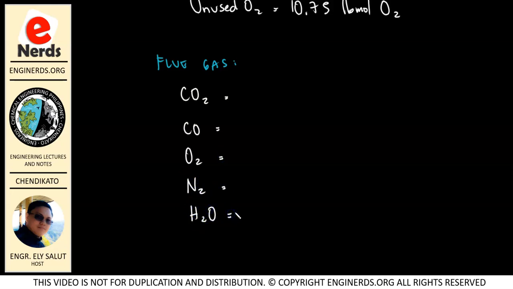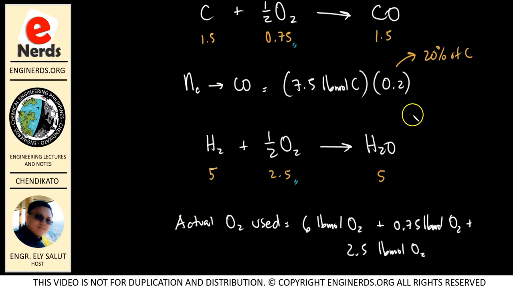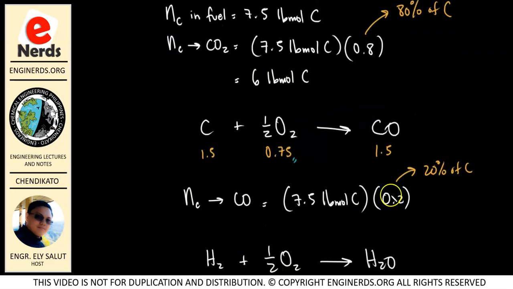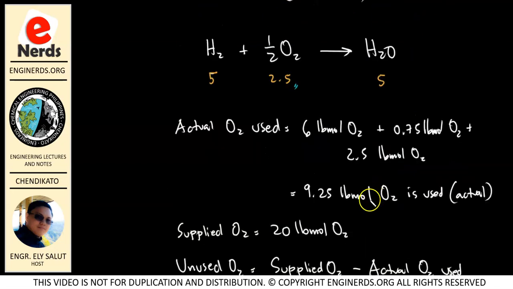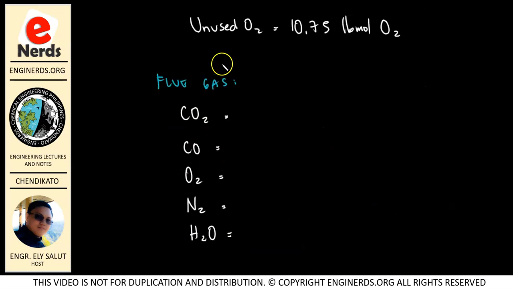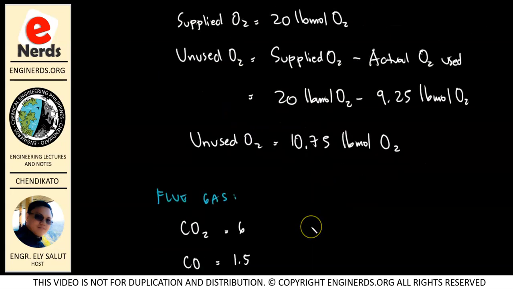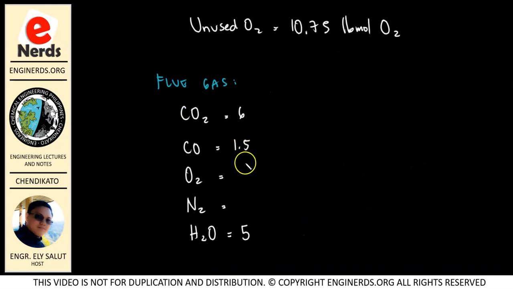Diba? So, yung CO2 natin, nakuha na natin yan dito. We have CO2 6, CO 1.5, and H2O 5, diba? So, we have 6 of CO2, 1.5 of CO, and 5 of H2O. Now, our O2, which is unused, ito yun, 10.75 pound moles.